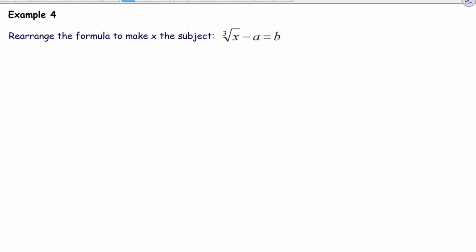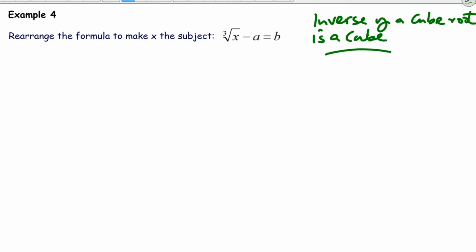Example 4, rearrange to make x the subject. Now here you have to know that the inverse of a cube root is a cube. So the inverse of a cube root is a cube.